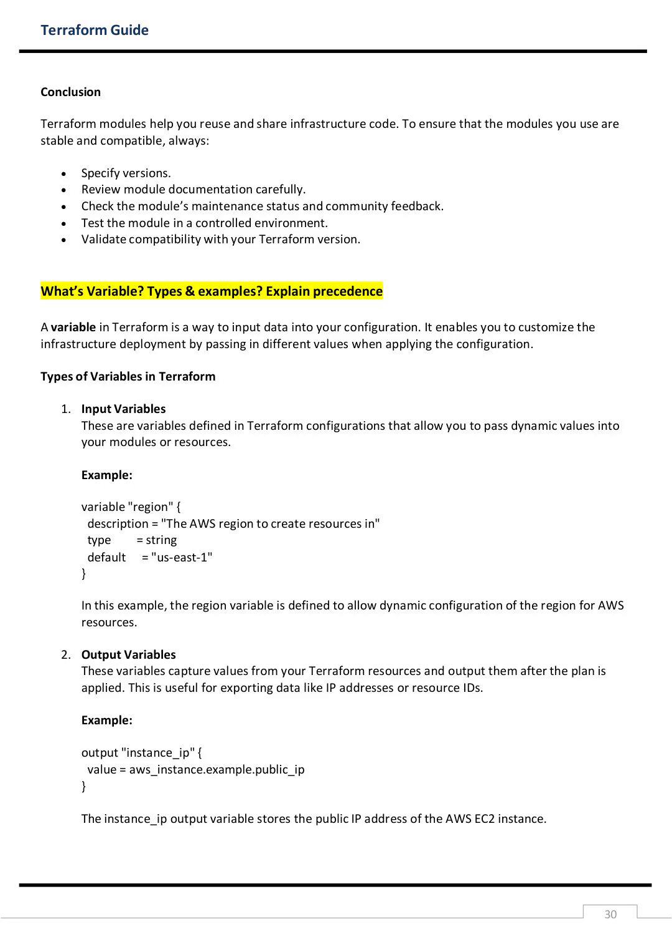These variables capture values from your Terraform resources and output them after the plan is applied. This is useful for exporting data like IP addresses or resource IDs. Example: output instance_ip. The instance_ip output variable stores the public IP address of the AWS EC2 instance.